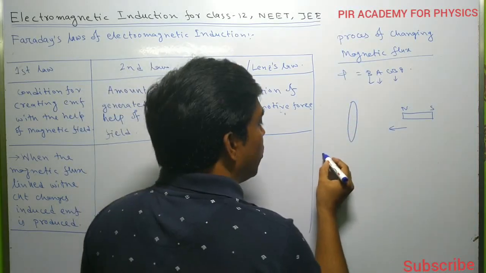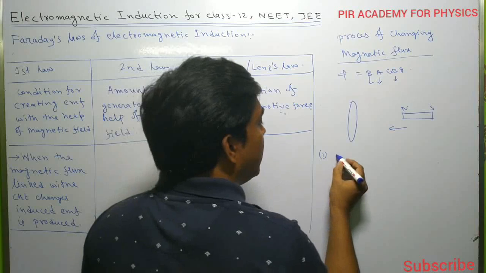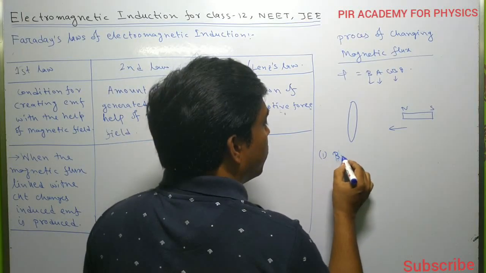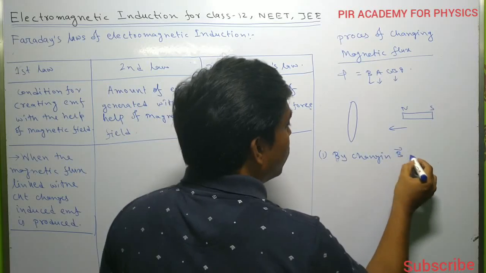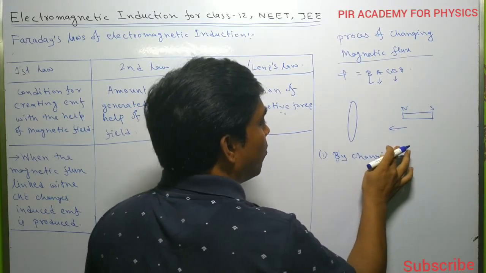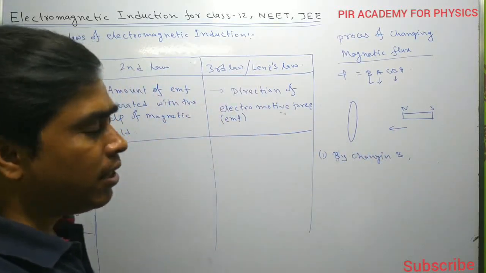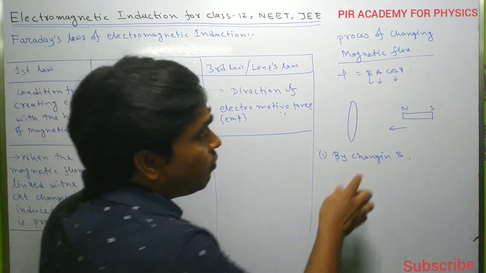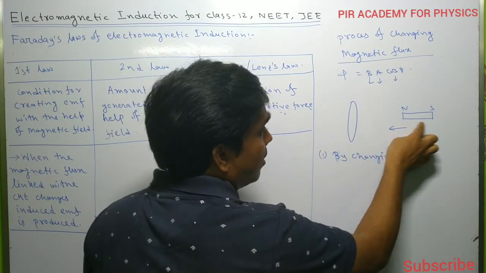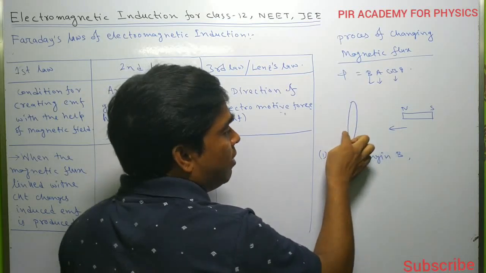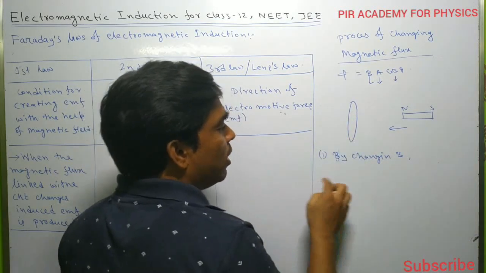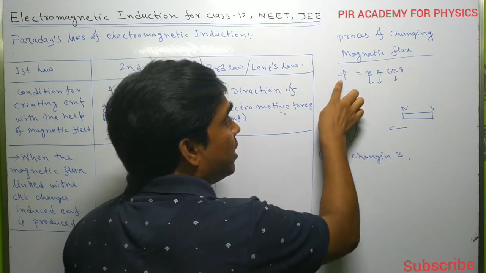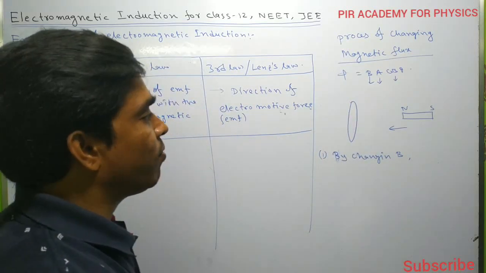That means number one, by changing the B vector, that is, the magnetic field. So if this magnet moves towards this circuit or loop, then there will be a change in magnetic flux.